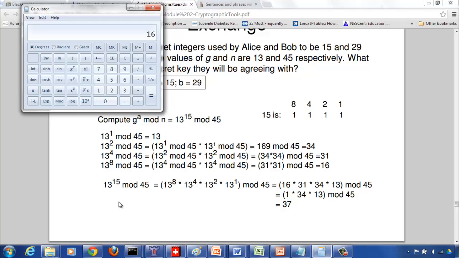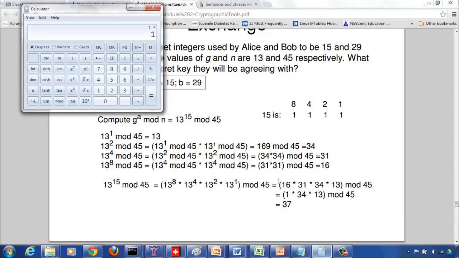So 13 raised to 15 mod 45 is 13 raised to 8 times 13 raised to 4 times 13 squared times 13 to the 1. So 13 to the 8 is 16, times 31, times 34, times 13. 16 times 31 is 496, divided by 45, minus 11 times 45, so 16 times 31 mod 45 is 1.